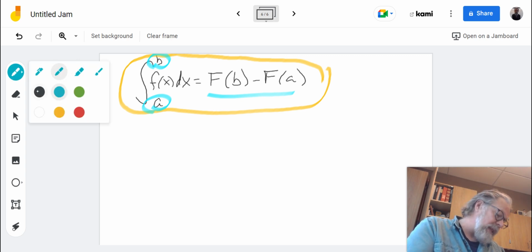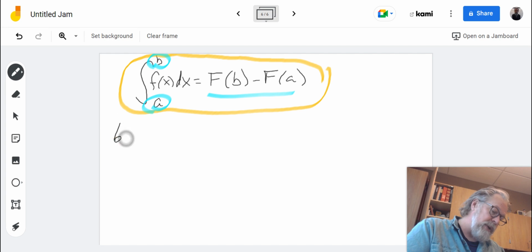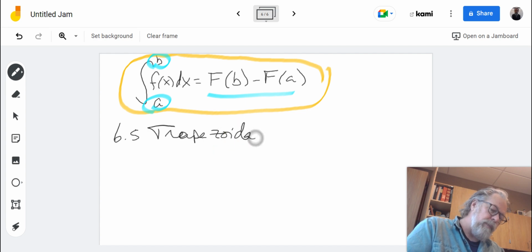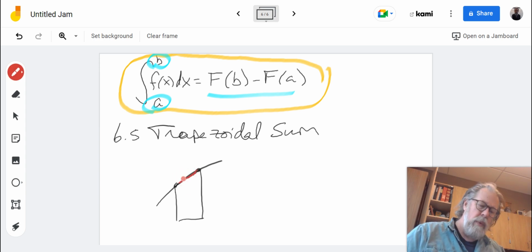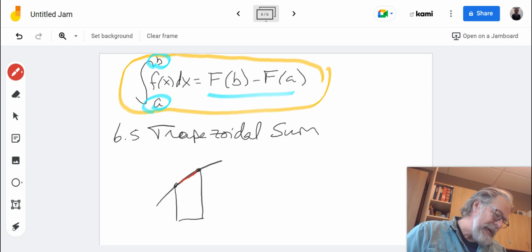And finally, the last thing that we talked about in 6.5 was just the idea of a trapezoidal sum. And it is exactly what it sounds like. We've got our function, and we calculate the area using trapezoids. And the nice thing is with a trapezoid, you can see that we lose very little area when we are doing trapezoidal sums.